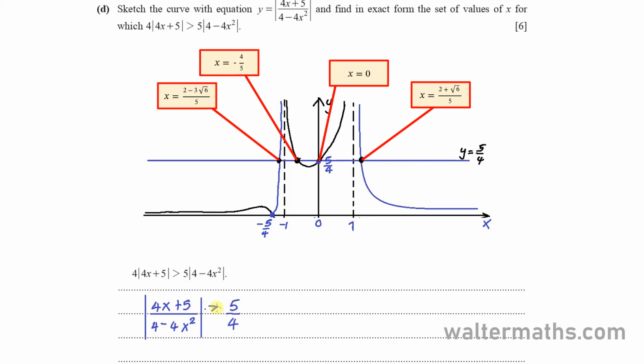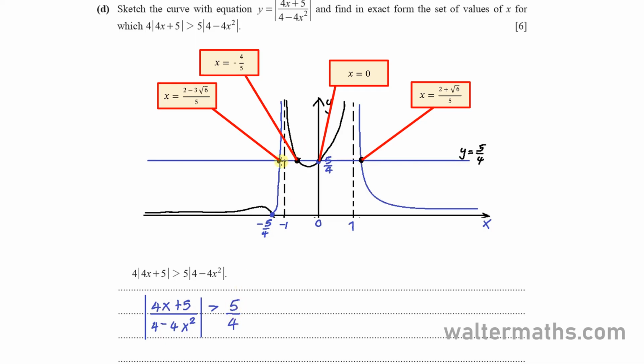So to solve this inequality, we're looking for the set of values for which the modulus graph is greater than the line y is equal to 5 over 4. In other words, where the modulus graph is above that of the line.